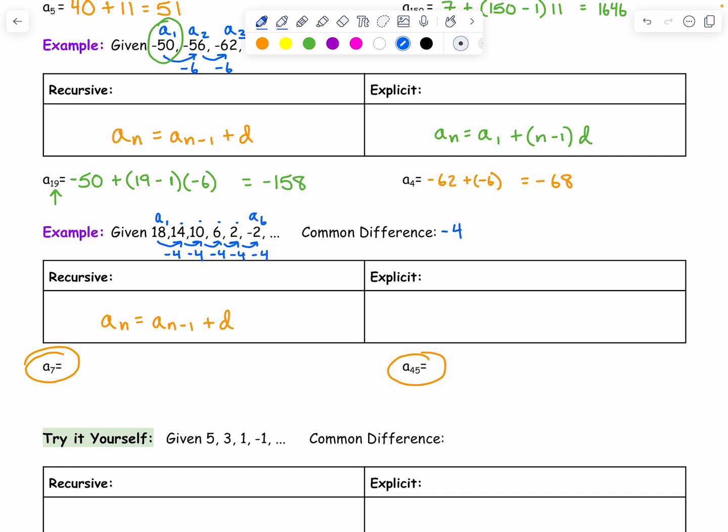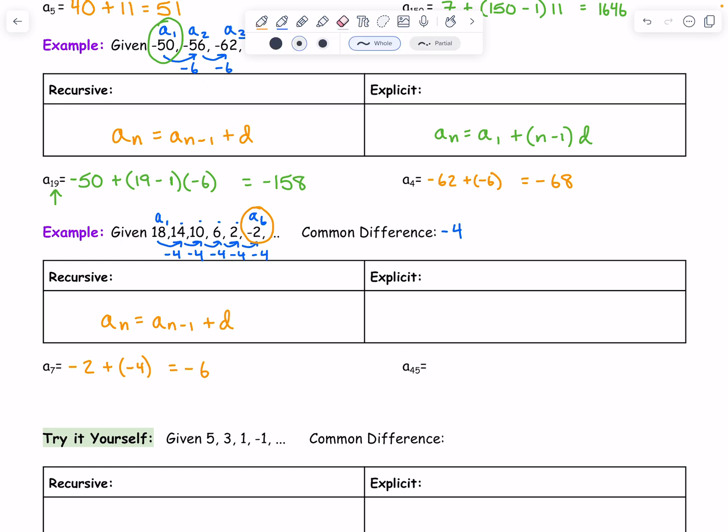So that would definitely help us just to figure out the 7th term since we have the 6th term. So a sub 7 would equal a sub 6, which we know is that last one in our sequence we were given, which is negative 2 plus the common difference of negative 4. So negative 2 plus negative 4 would give us negative 6 for that 7th term.